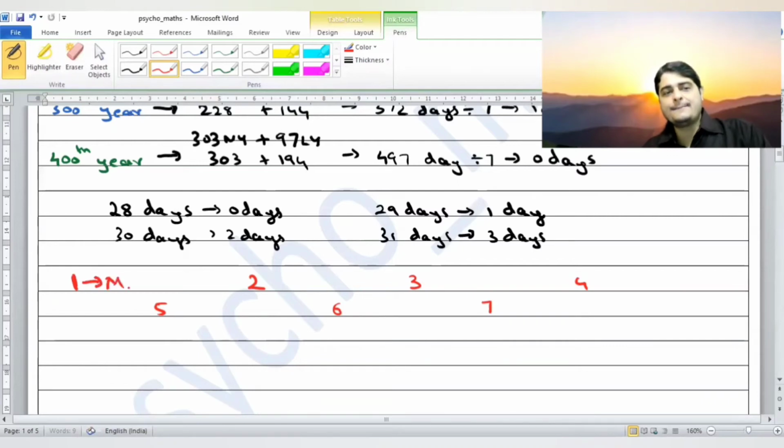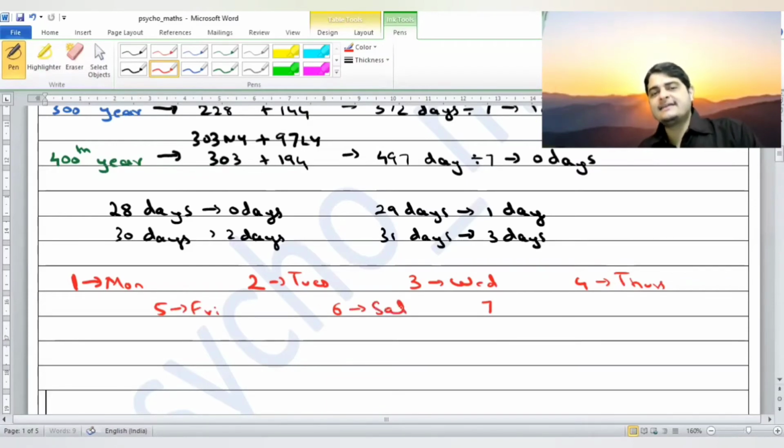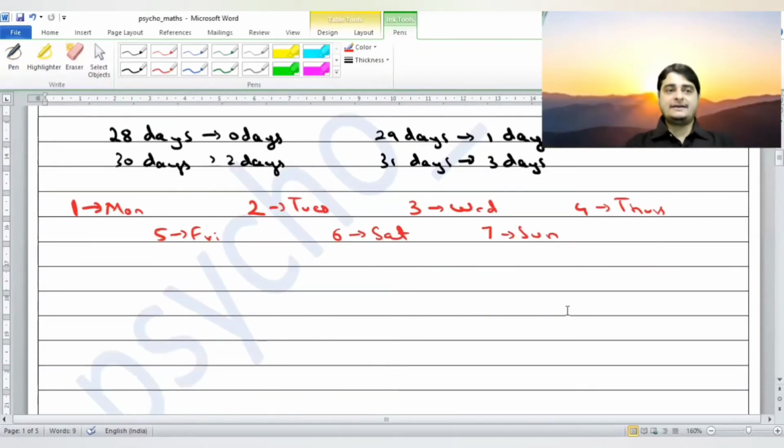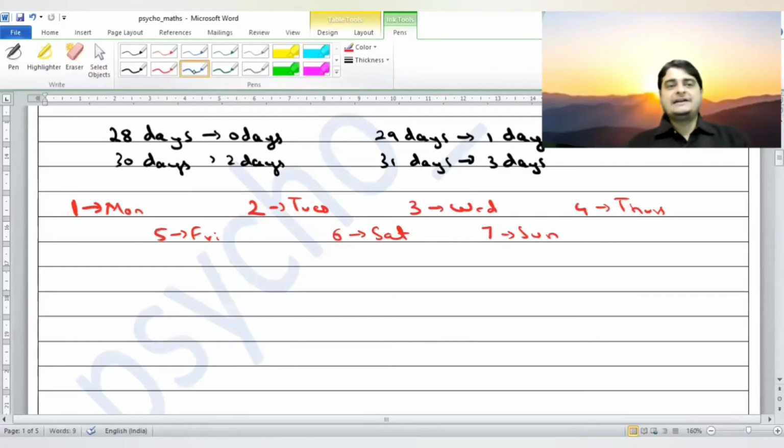First day is Monday, second day is Tuesday, third day is Wednesday, fourth day is Thursday, fifth day is Friday, sixth day is Saturday, and seventh day of the week is Sunday. This is very much useful when we are calculating the days of a particular date. Because now we are starting to get into the dates, not with your loved ones, but the calendar days.